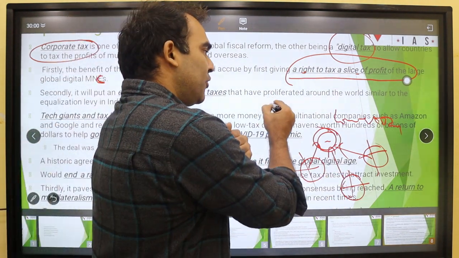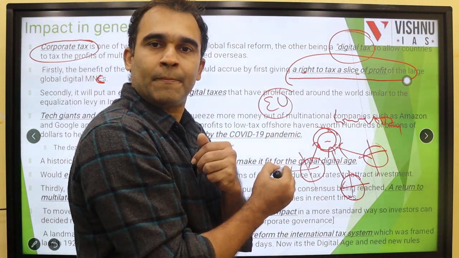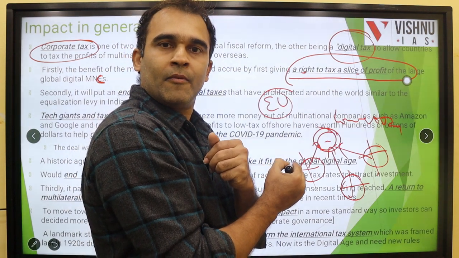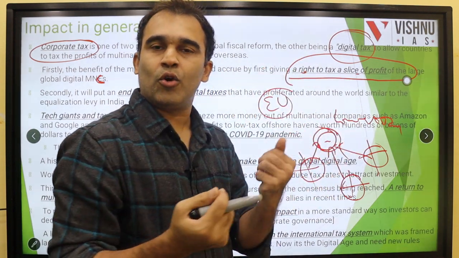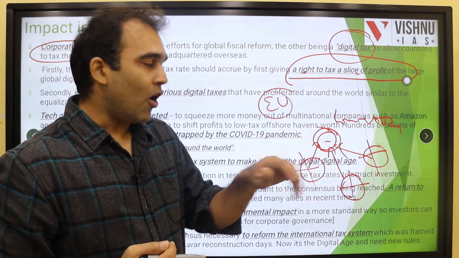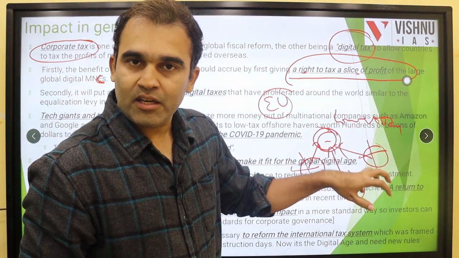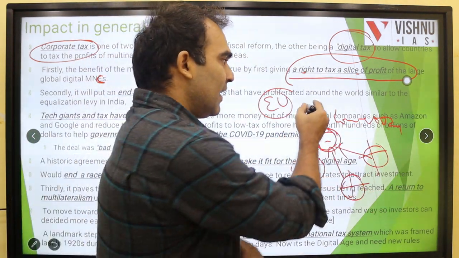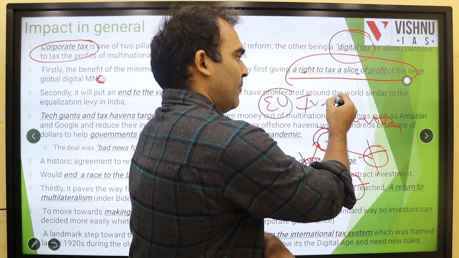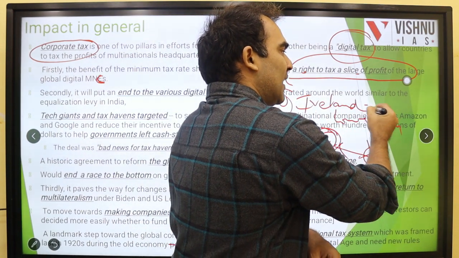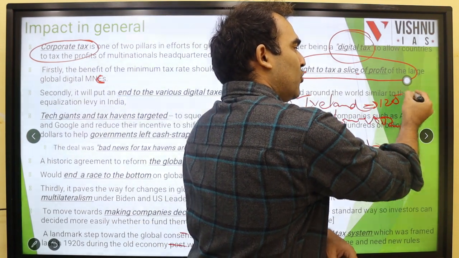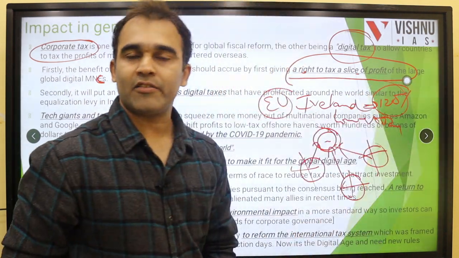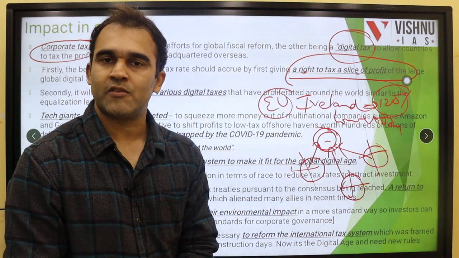Best example, if you look at the European Union, all these MNCs, particularly Apple and Google, have all their European Union activities registered in Ireland. Why? Because Ireland has the lowest tax rate, 12.5%, amongst the EU nations.